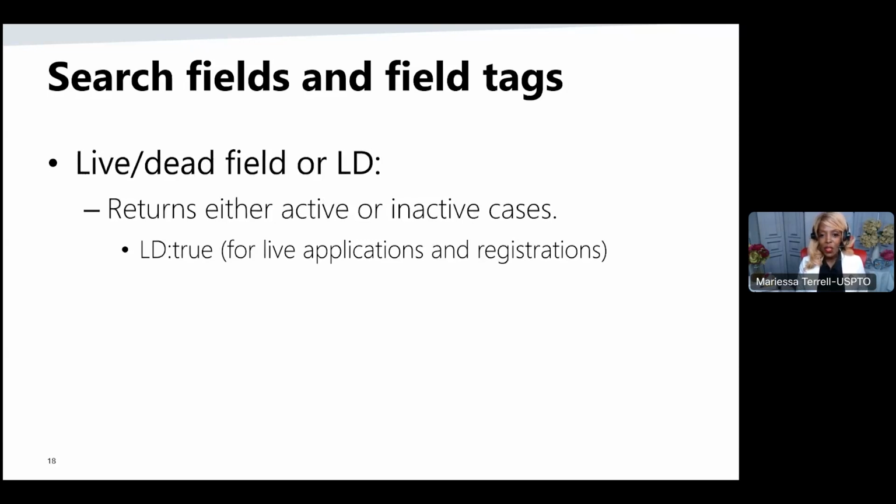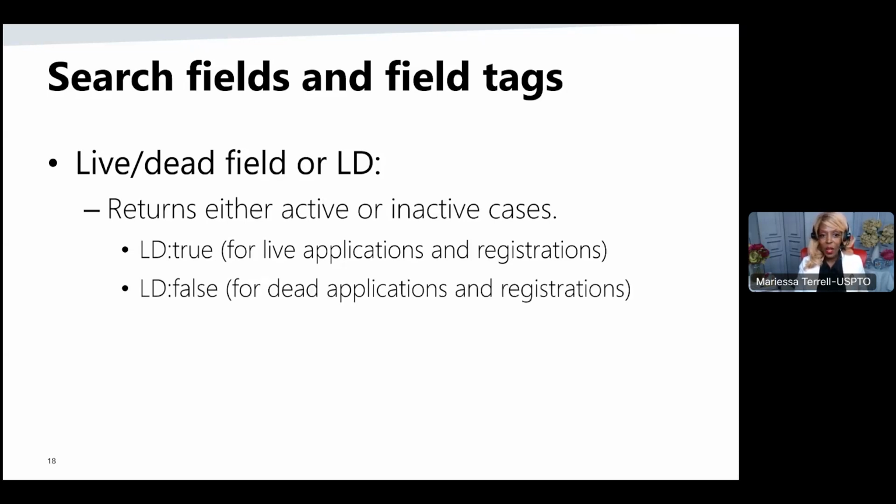If you want to narrow your search to view only live applications and registrations, you would use this wording, LD colon, that would be your field tag with the colon, followed by the wording true, and that will identify live applications and live registrations. You could do LD colon false if you want to view dead applications and registrations. You would simply add that to your search string, and that will help you to narrow your search results.